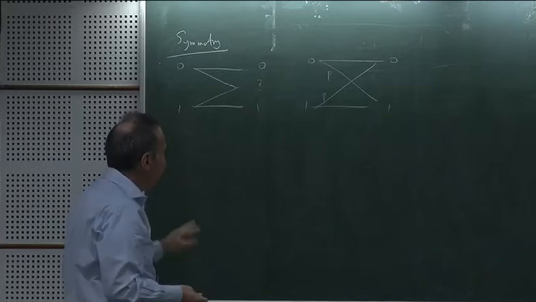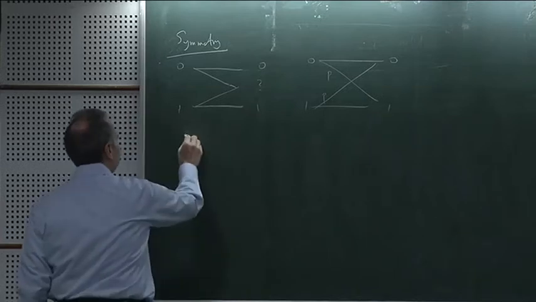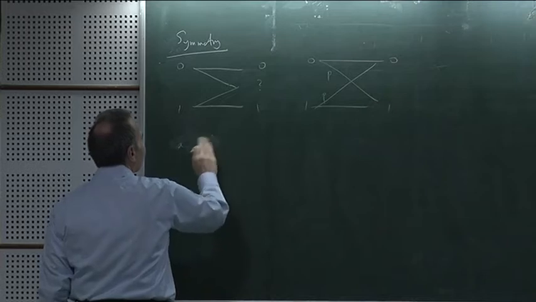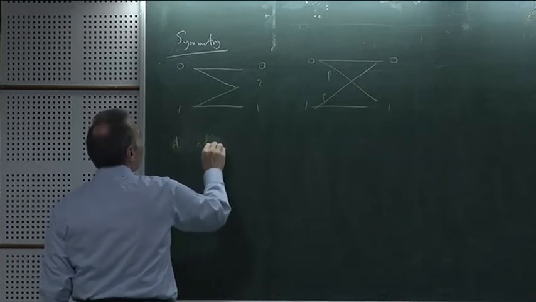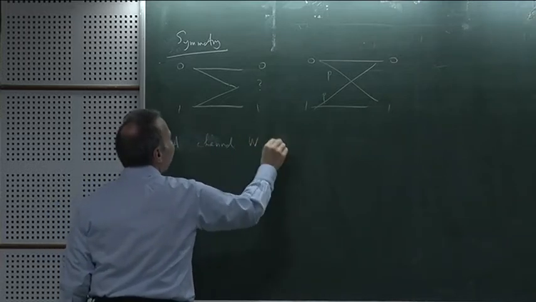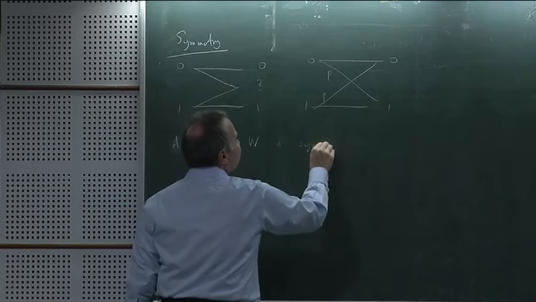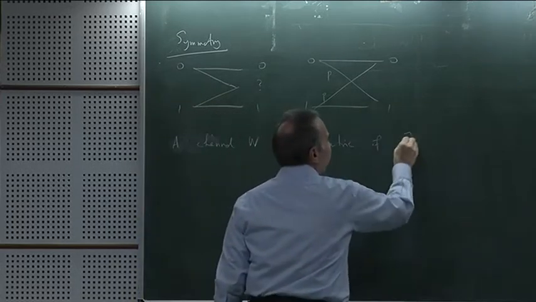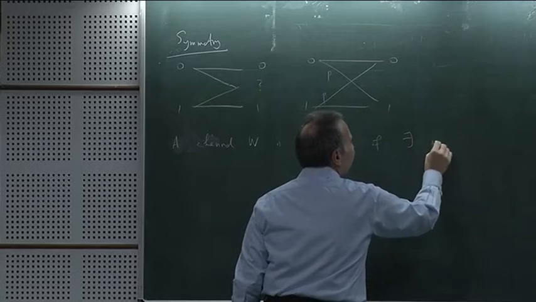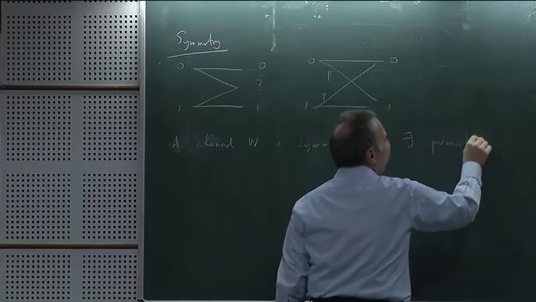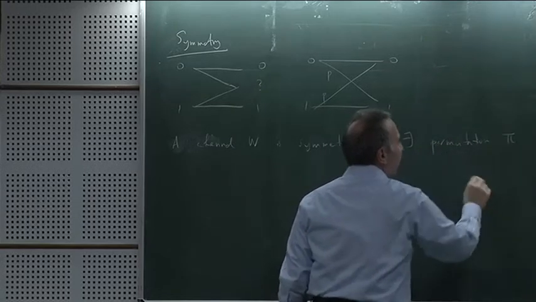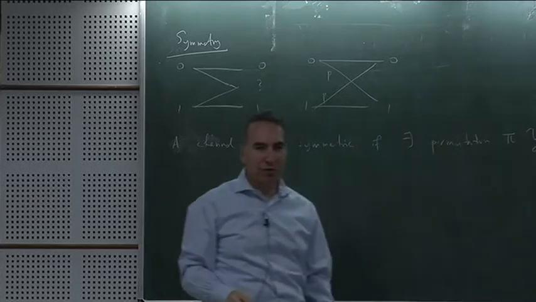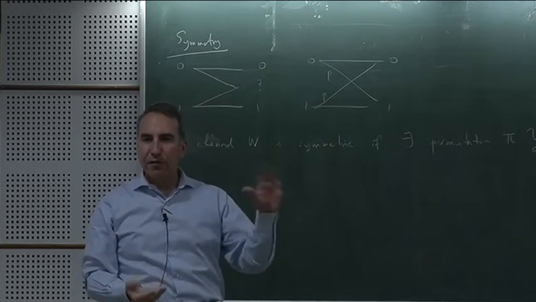So symmetry, I'll define the following way. A channel W is symmetric if there exists a permutation pi of the outputs which is self-inverse.